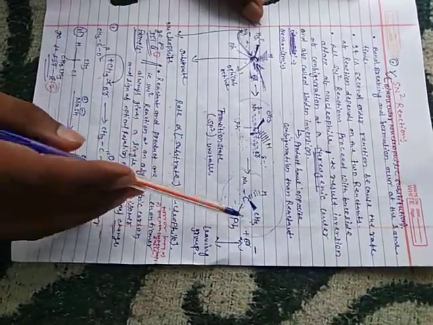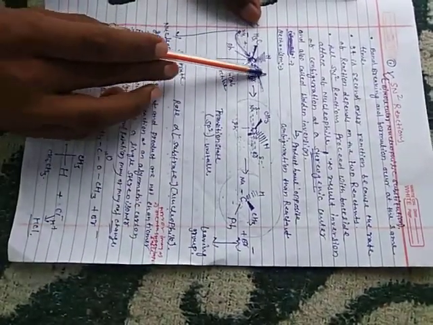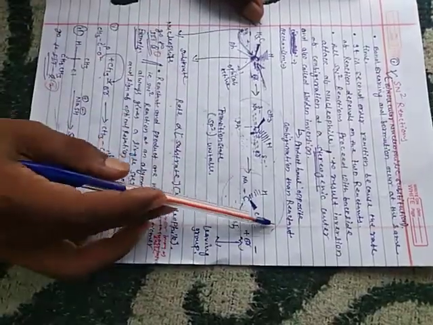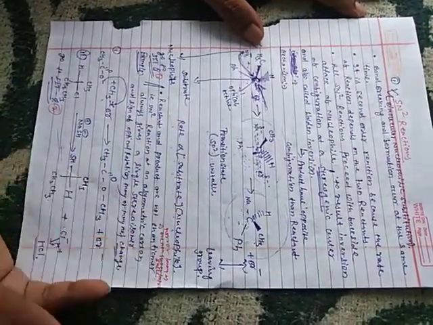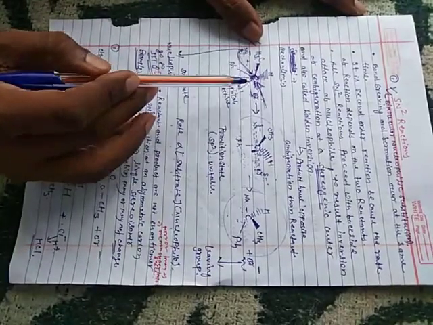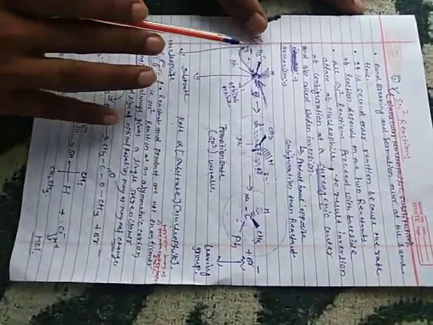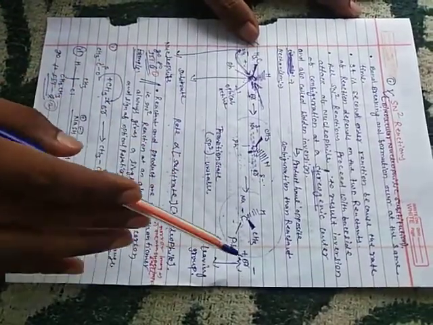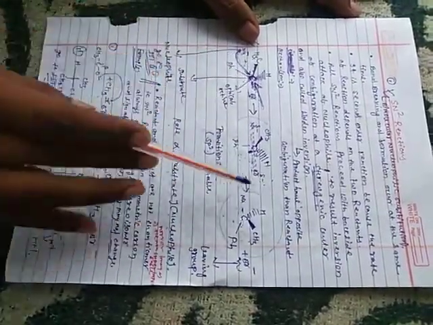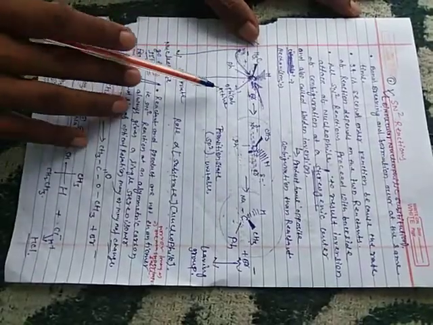How? Because if you take the mirror image of the substrate, you will not get the product, and if you take the mirror image of the product, you will not get the reactant. Also, they are superimposable in nature. So we can say that the reactant and product are not enantiomers.